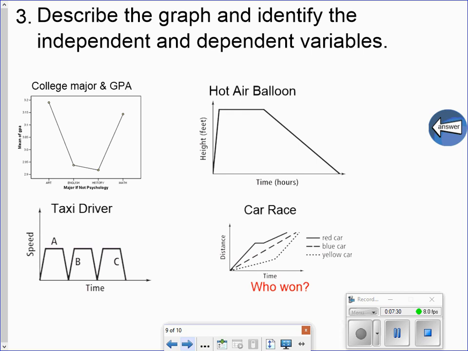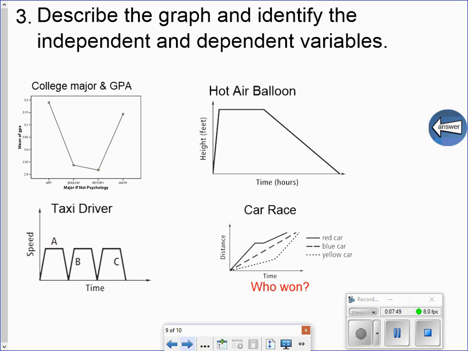There are other times where we're asked to describe what's happening in our graphs. We're asked to give a verbal description. So we'll pick a couple of graphs here. Let's look at this college GPA. We can see that we're looking at different majors: art, English, history, and math. These are independent.